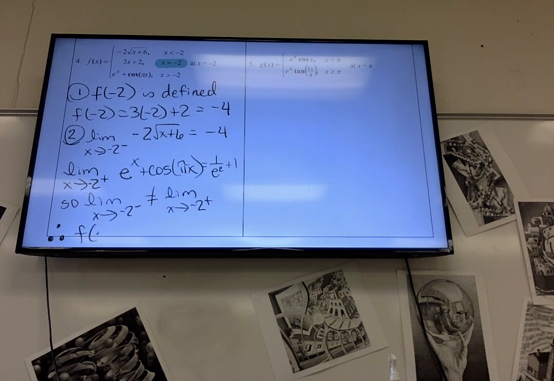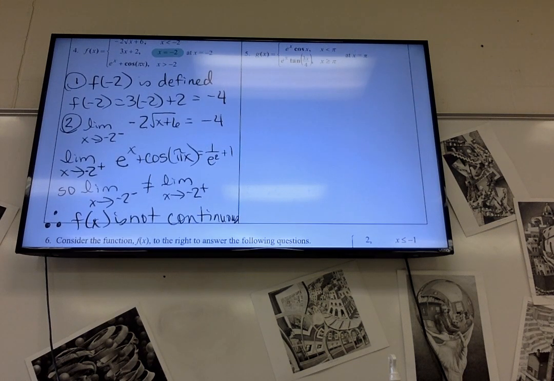Therefore, f of x is not continuous at x equals -2. And we can stop there. We didn't have to do number 3, because once you find one that doesn't work, it just doesn't work.